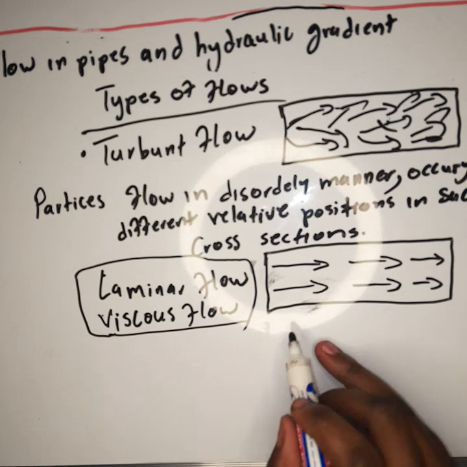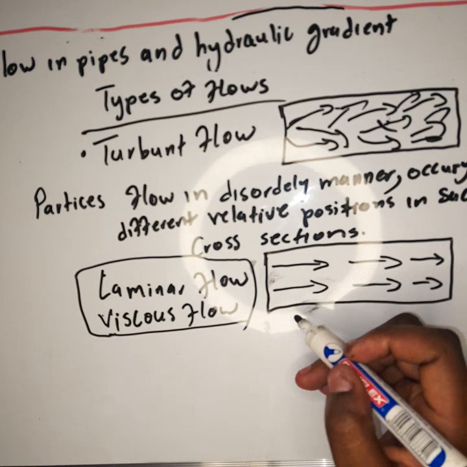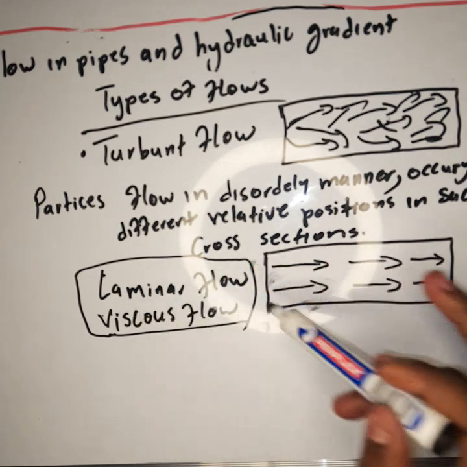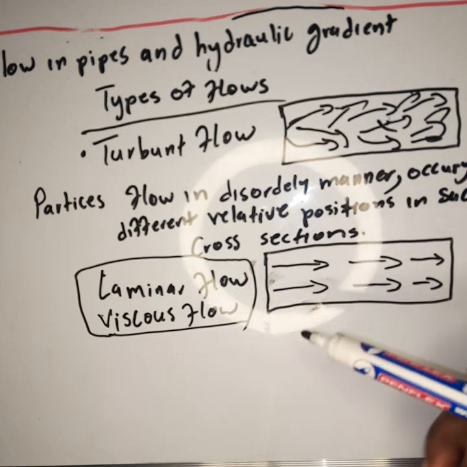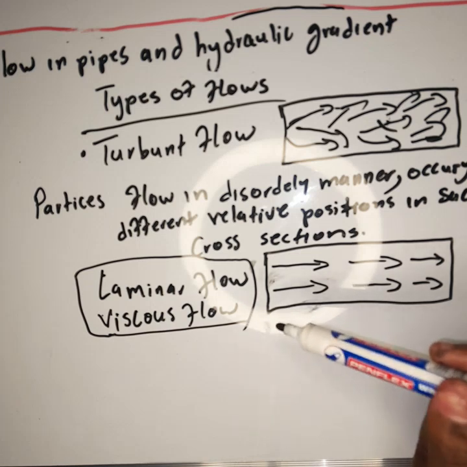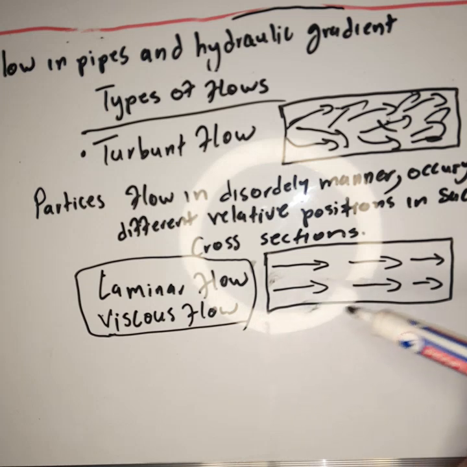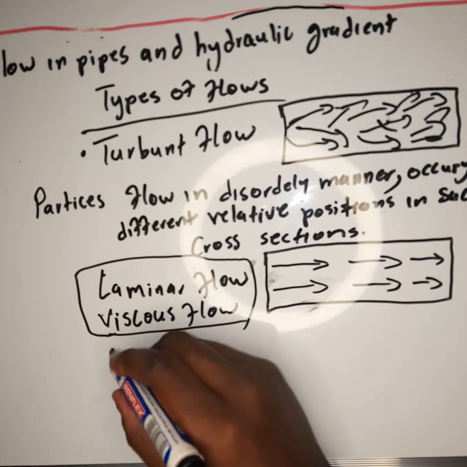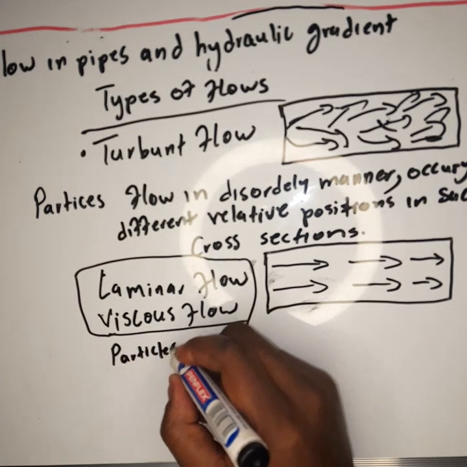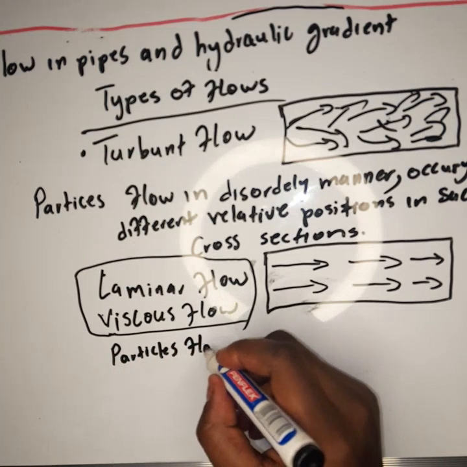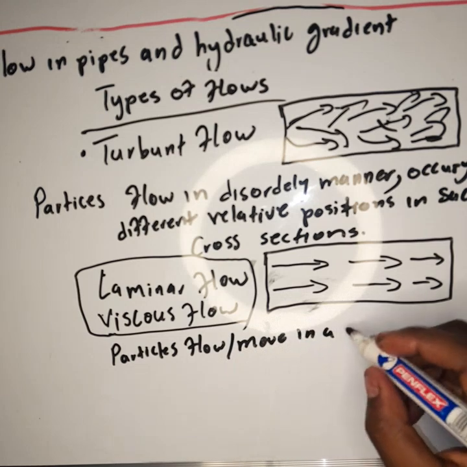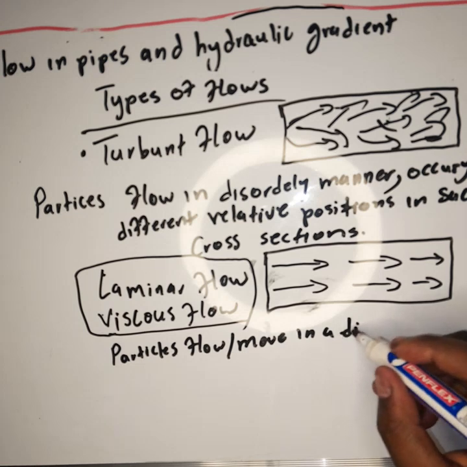If we define this, the particles in laminar flow flow or move in an orderly manner and retain the same relative position in successive cross sections. It is just the opposite of turbulent flow. Why do I keep saying an orderly manner?